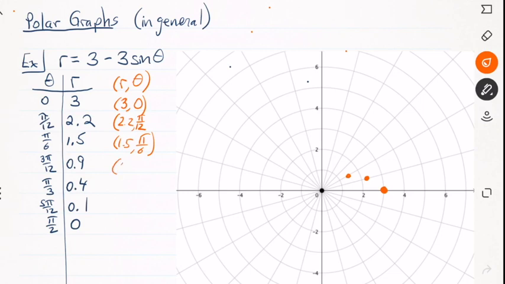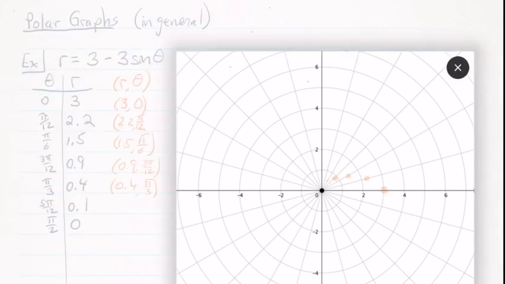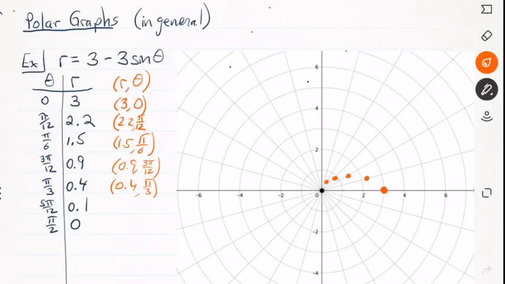The next one would be (0.9, 3 pi over 12), almost 1 along this terminal side, one more dash rotating around. And then we get (0.4, pi over 3), one more dash and a little bit closer to the origin.